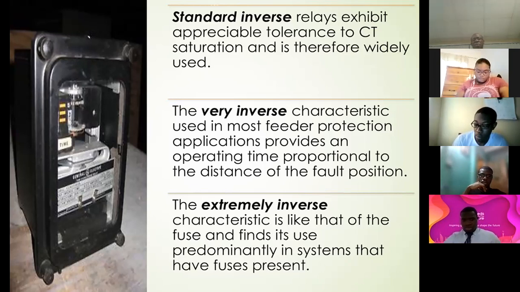For your very inverse, use the feeder protection. It allows you to have an operating time which is proportional to the distance of the fault position. So we talk now about a feeder, because primarily radial feeders would have a source point.